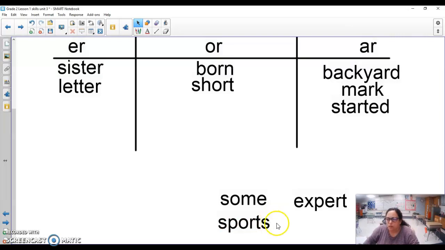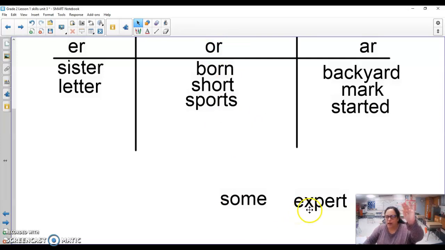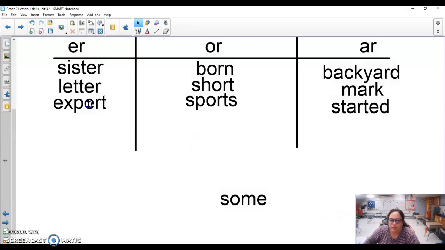Sports. Where do we put this word? Yep, under the OR, it says OR, spelled OR. Let's tap the next word. Expert. What's the word? Expert. Where do we put this word? Yep, ER.